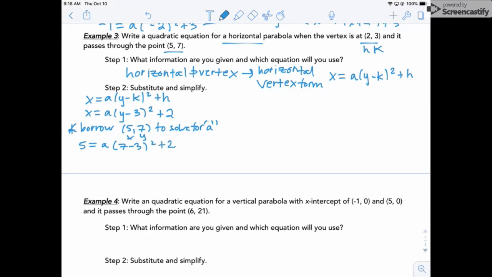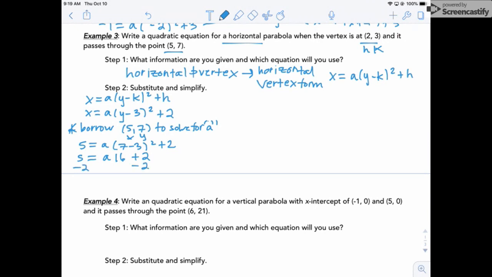Let's solve this out and see if we can get a by itself. So we get 5 equals a times 4 squared, and 4 squared is 16, so that's 16a plus 2.